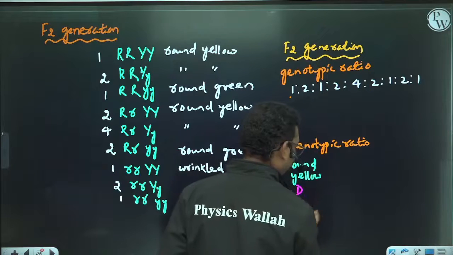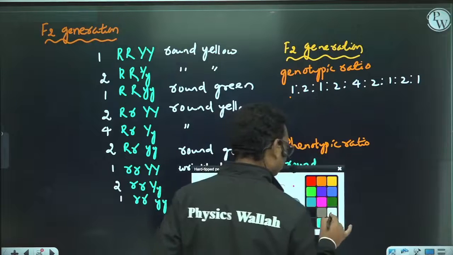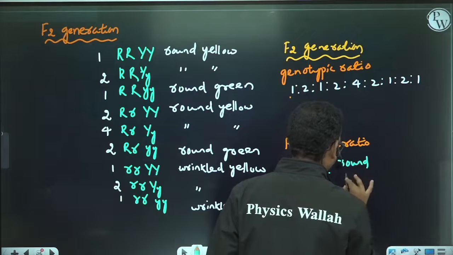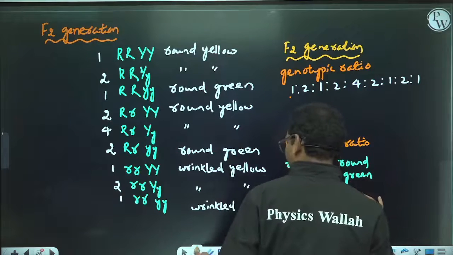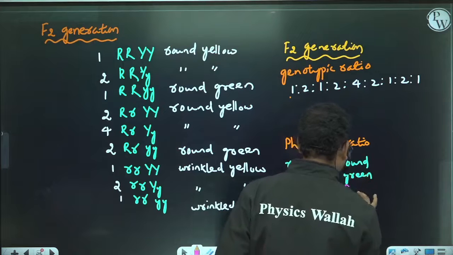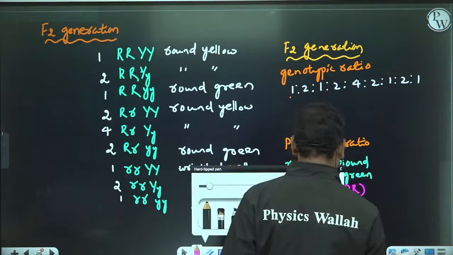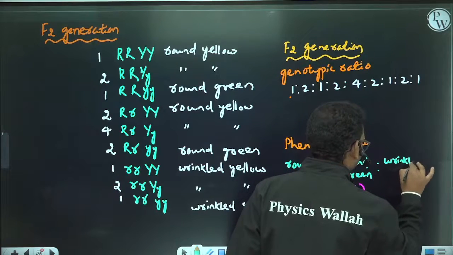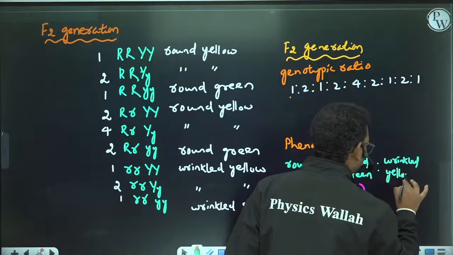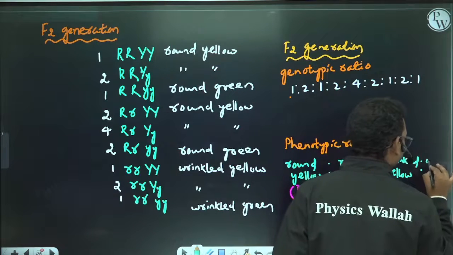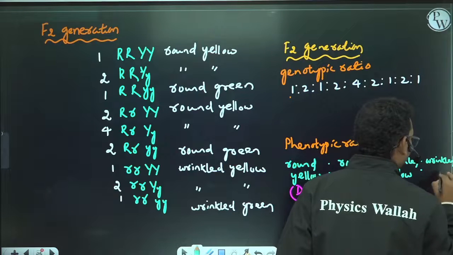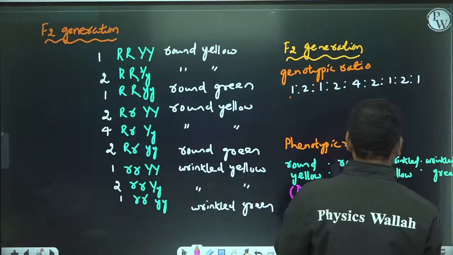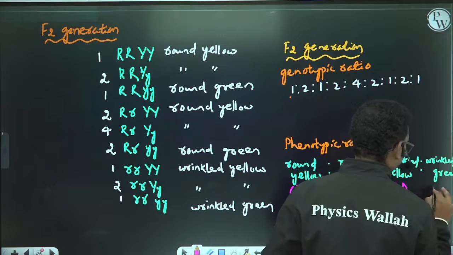For dominant I'm writing D. The second one will be round green. Round is dominant, green is recessive, so this is dominant recessive. The third one will be wrinkled yellow, the fourth one will be wrinkled green. This will be recessive dominant, and this is recessive.